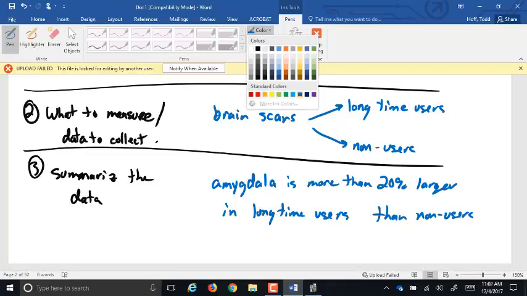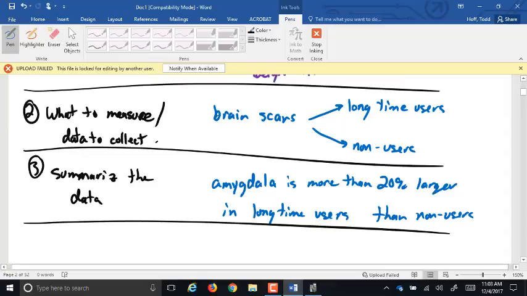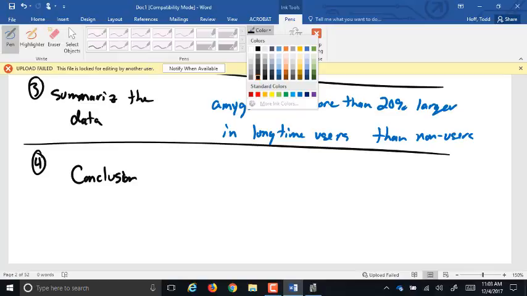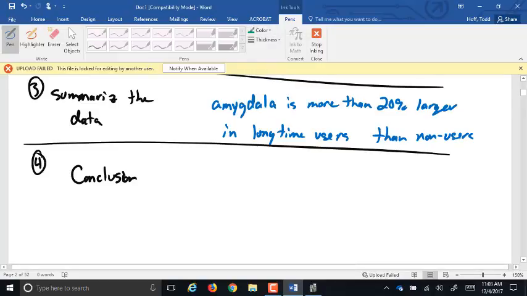So the conclusion was, what do they conclude from this? Well, they concluded that long-term steroid use does what?